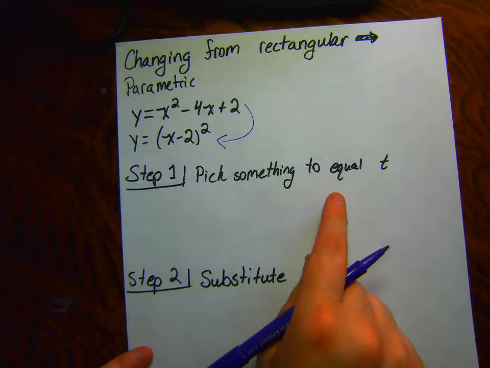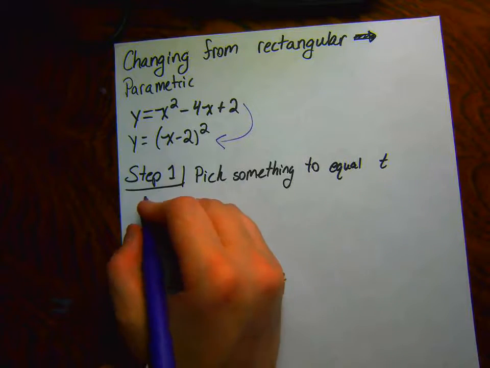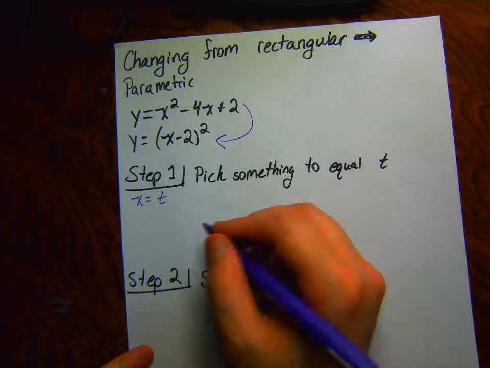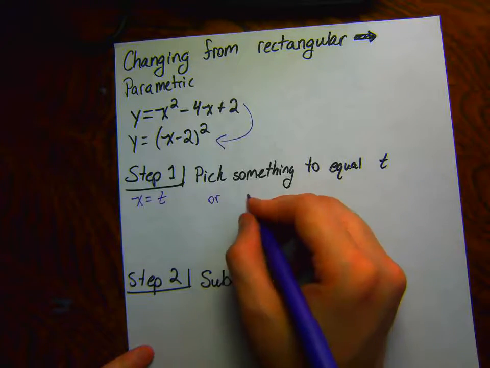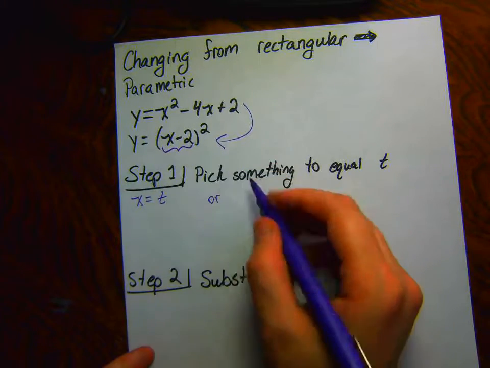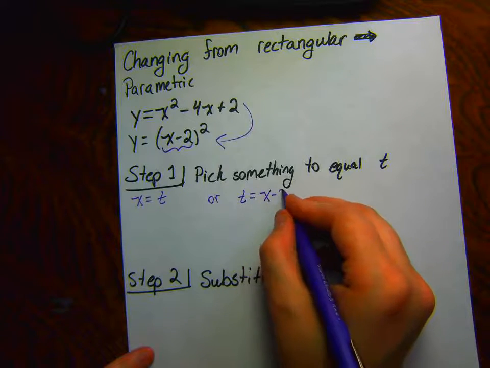So if we pick something to equal t, the easy way is we could just let x equal t, or, see these parentheses here? We can go in here and let t equal x minus 2.